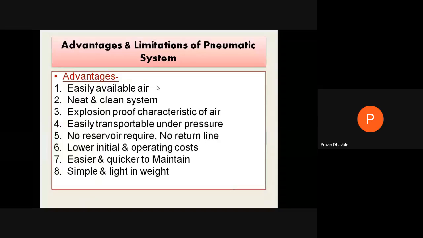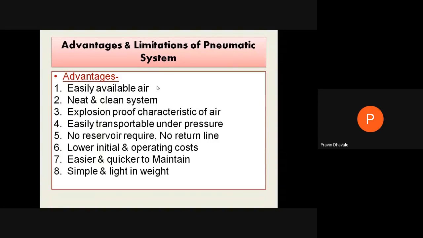This is the most important advantage compared to the hydraulic system. And the last one, it is simple in construction and light in weight, so the pneumatic system can be used widely for industrial purposes as well as in automation.